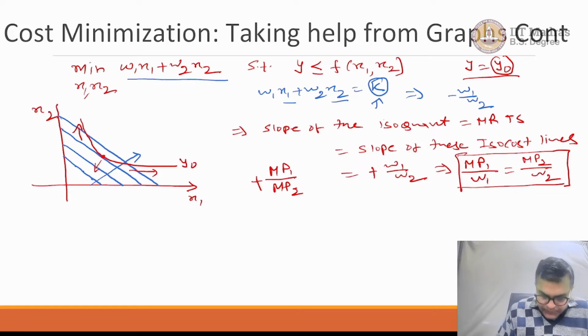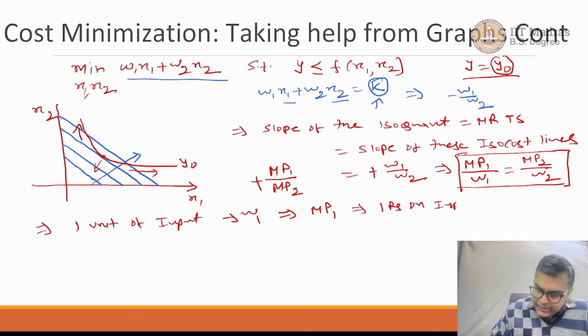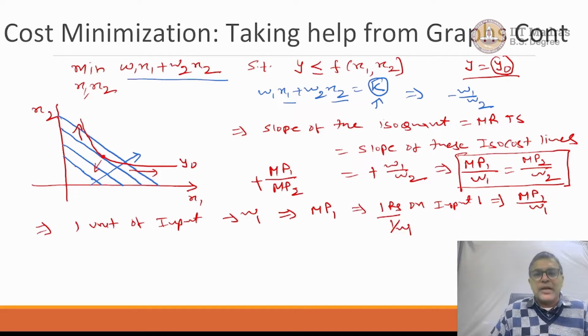If we take 1 unit of input 1, it will cost us W1 and it will increase the production by MP1. So in other words, if we spend 1 rupee on input 1, its contribution is going to be MP1 divided by W1. Why? Because in 1 rupee you can get 1 by W1 units of good 1, and the marginal contribution is MP1.